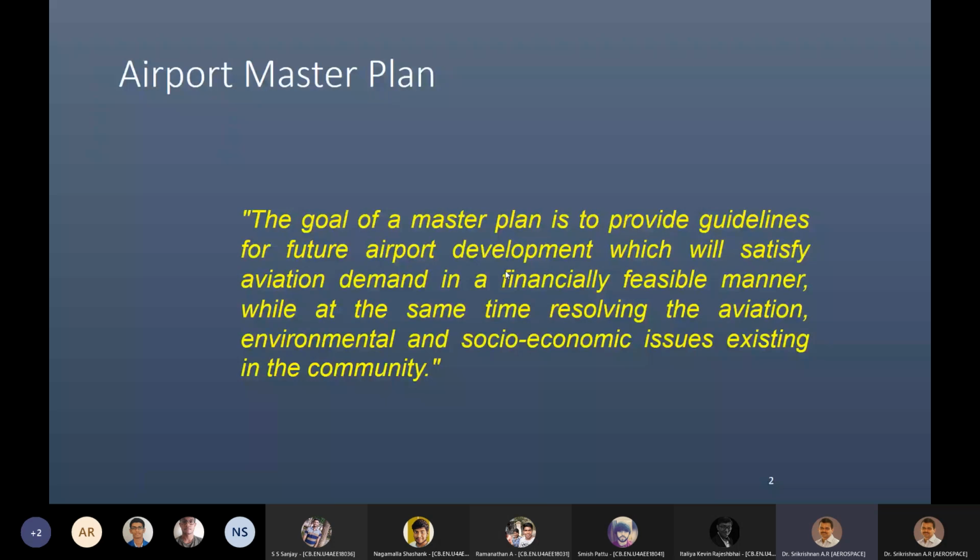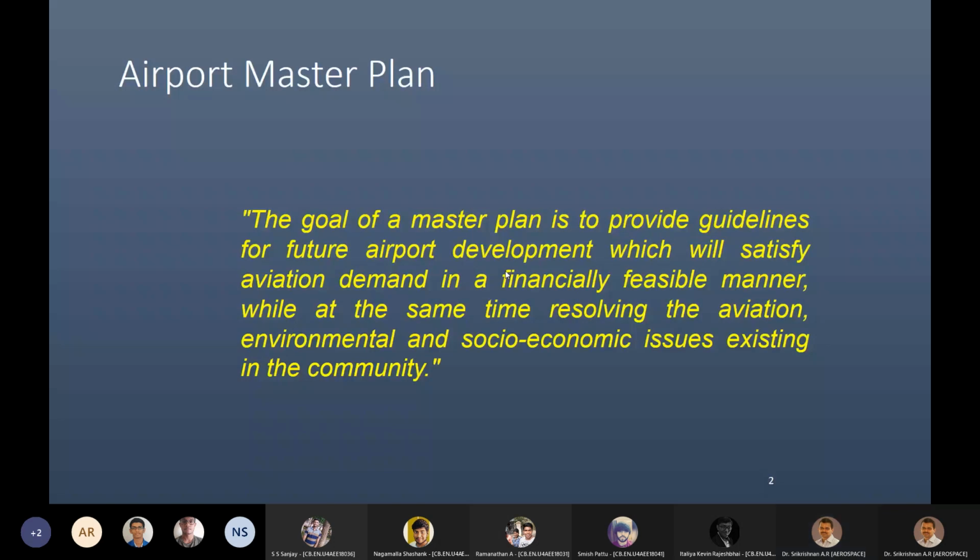That is, looking at the deficiencies or the requirements, evaluating the alternatives, and then making a final print. So an airport master plan is a result of all these activities, and it provides a picture of how the development, the expansion, is going to be.